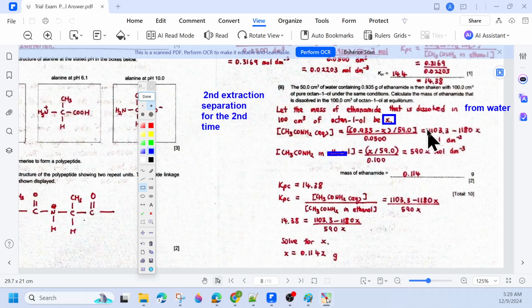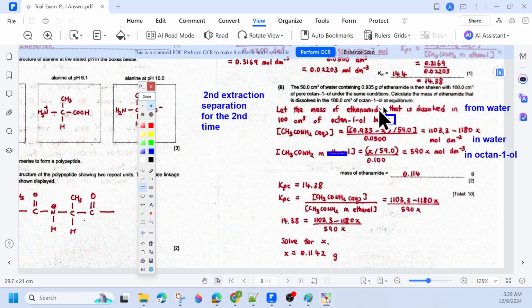This is in water, please remember that. Whereas this one is x added into octan-1-ol, over 59 over 0.1. This is in octan-1-ol.